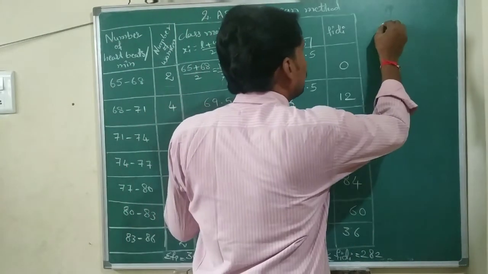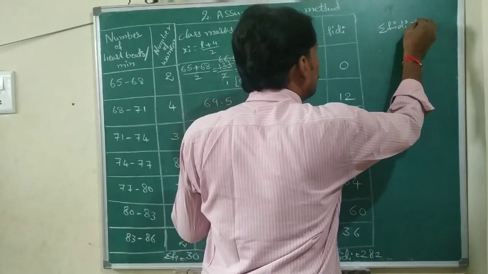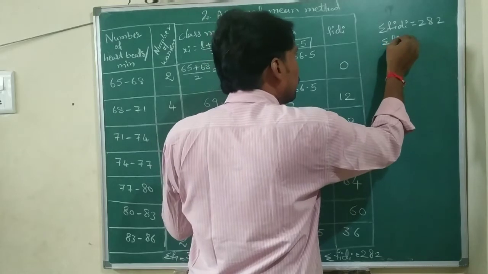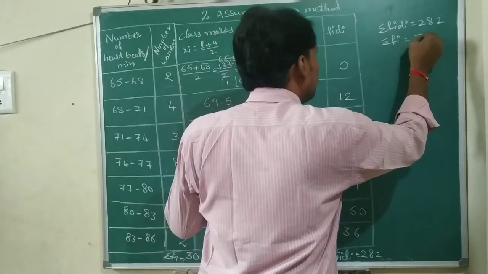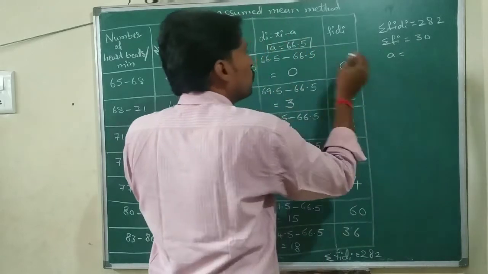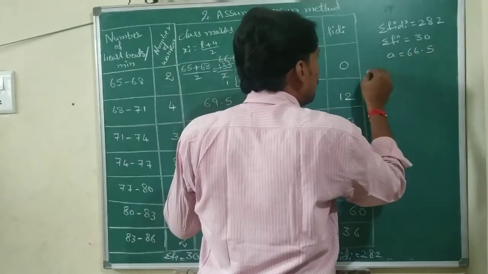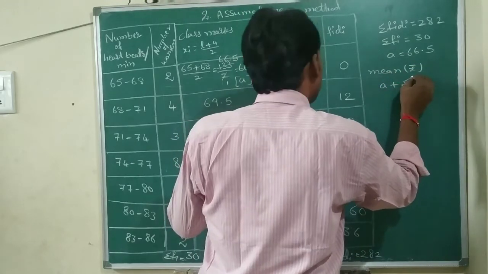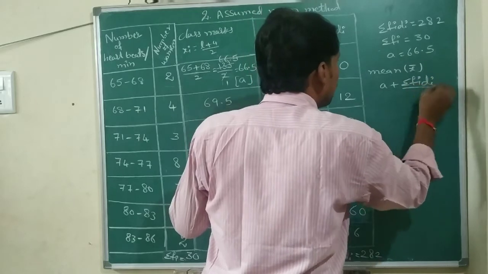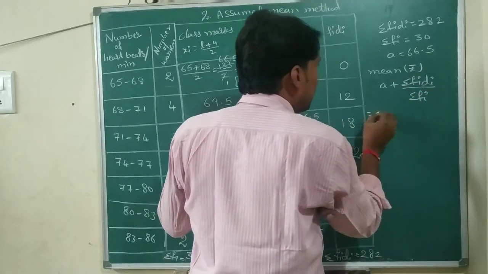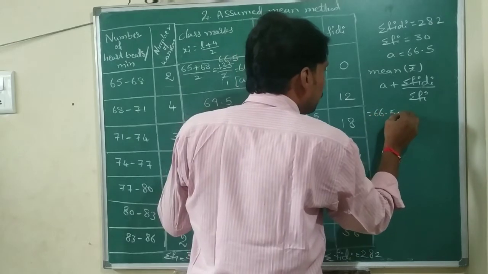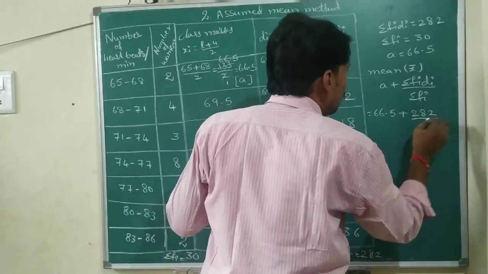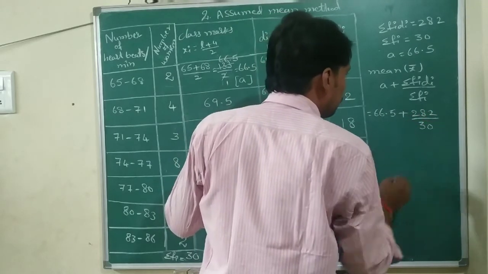Now we write sigma fi di equal to 282 and sigma fi equal to 30. The assumed value we took is 66.5. Now we write the formula: mean x bar equal to a plus sigma fi di by sigma fi. So a is 66.5 plus sigma fi di, 282, by sigma fi, 30.